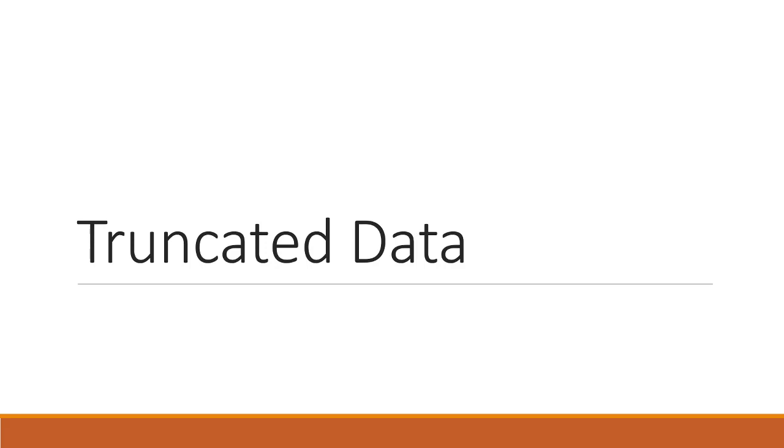What's truncated data? As I go through this lecture, I'm going to talk about two examples. One of which I'm just going to call truncated data, or when we have truncation in our dependent variable. And then the second example, I'm going to talk about what I'm going to call incidental truncation.